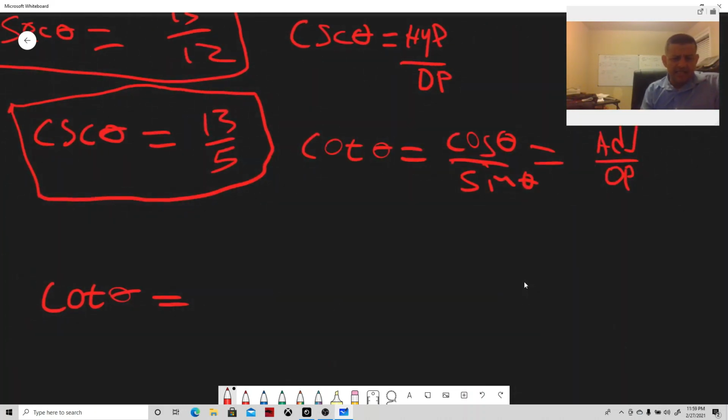So in that case, cotangent is going to be adjacent over opposite, which is going to be what? It's going to be simply 12 over 5. See that?